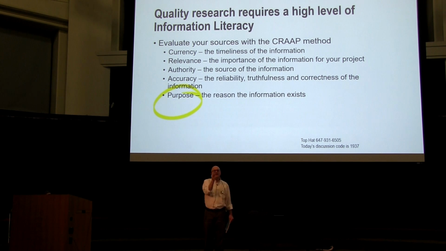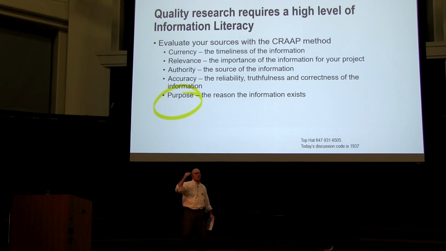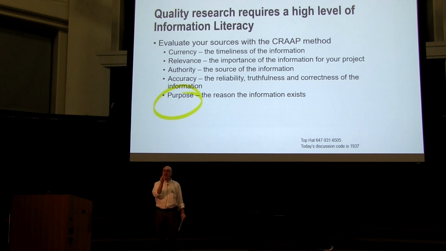Paraphrase is not changing a word here or a word there, as people have learned from really horrible plagiarism meetings. Paraphrase is changing the nature of the purpose of the information so that it is actually expressing something you want to express and not expressing something that the source wants to express.